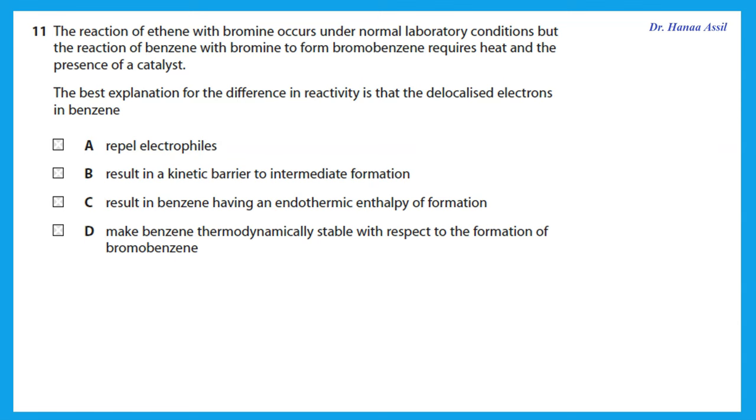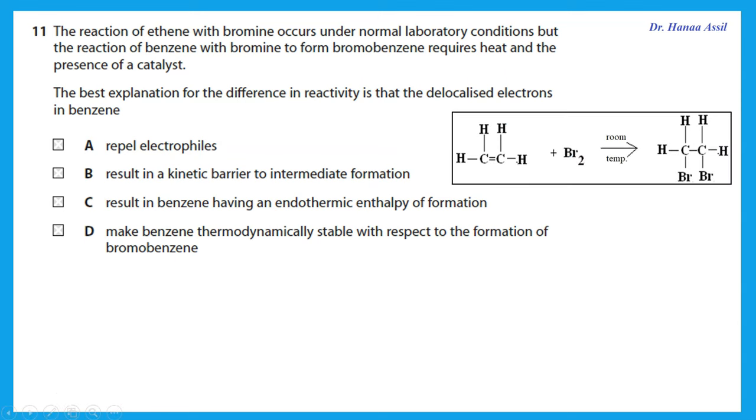The reaction of ethene with bromine occurs under normal laboratory conditions, but the reaction of benzene with bromine to form bromobenzene requires heat and the presence of a catalyst. The best explanation for this is what? Remember that when we react ethene with bromine, we said this happens at room temperature.